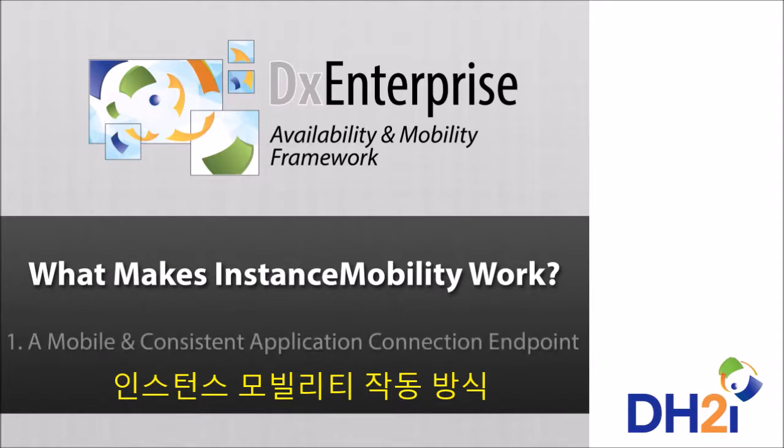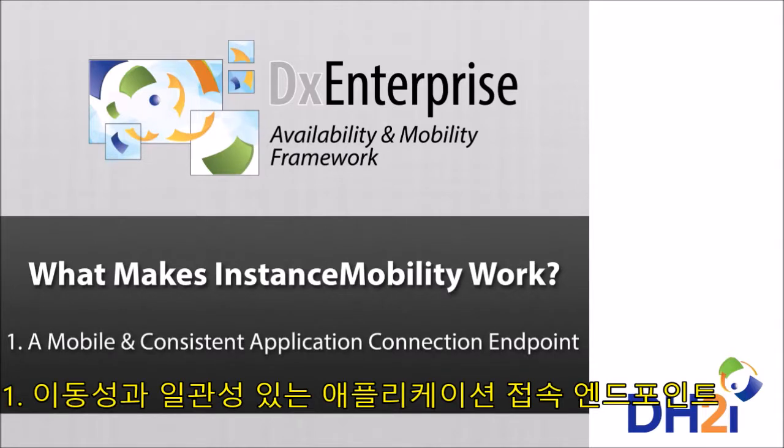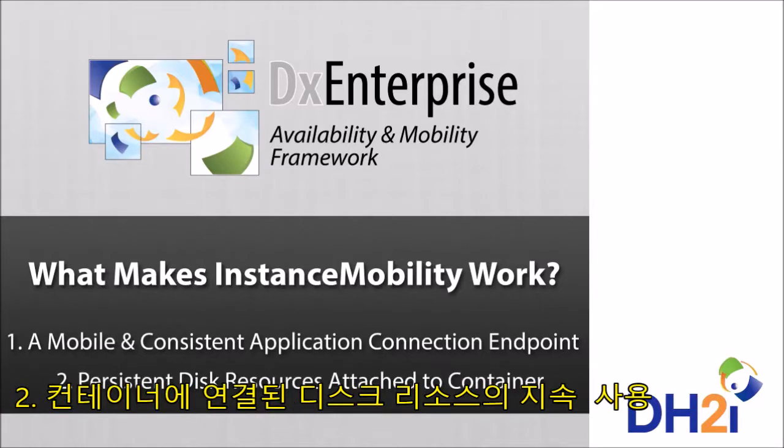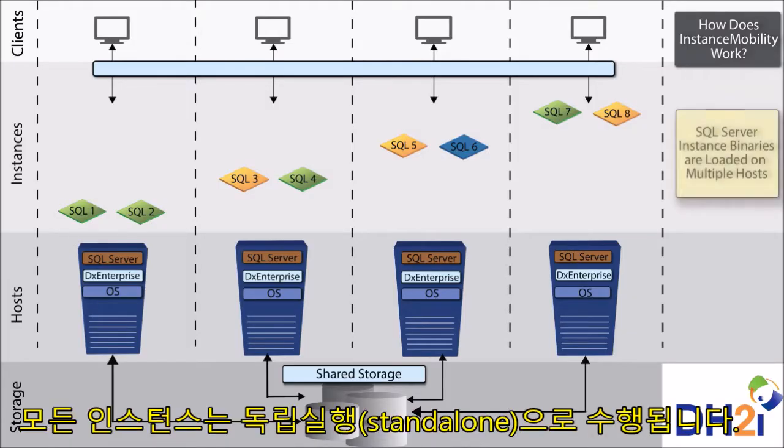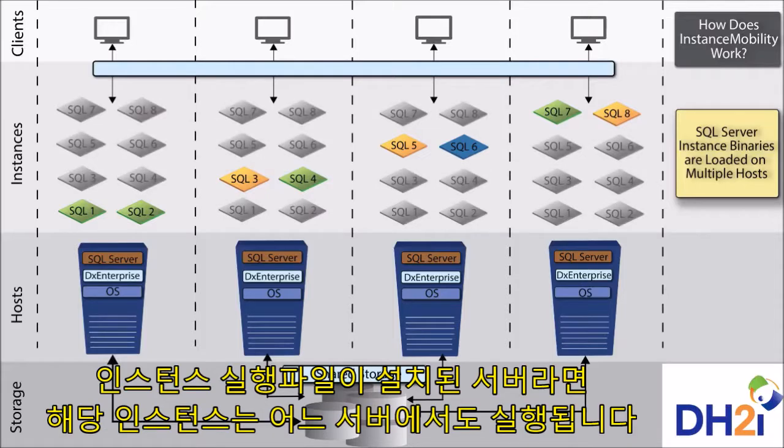This decoupling provides a mobile yet consistent application connection endpoint regardless of where a particular instance is running. Persistent disk resources are attached to the container so that the data and logs are always presented to wherever the instance is running. All instances are standalone, with their binaries and executables installed wherever you want to be able to run a given instance.